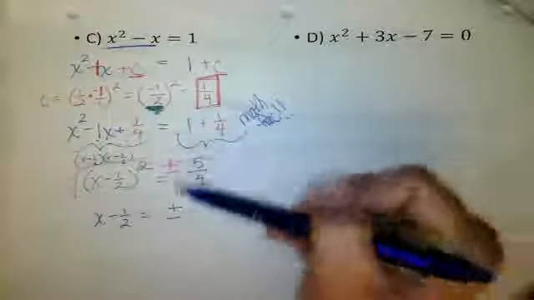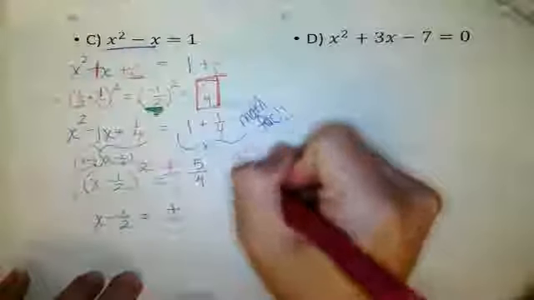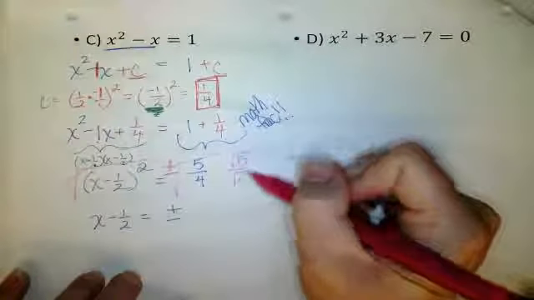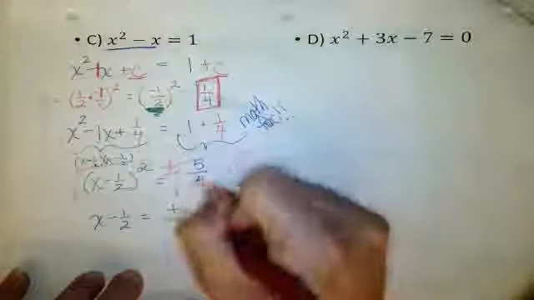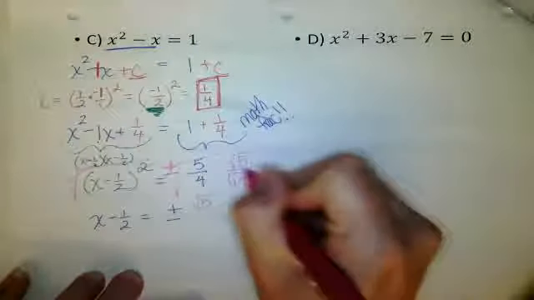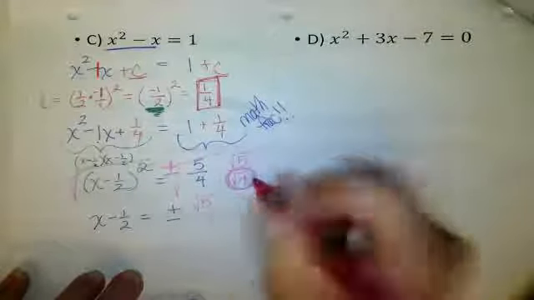How do you simplify a radical when it's got a fraction inside? Separate it into the square root of the top over the square root of the bottom. Separate that radical into two little radicals. Can I do anything with 5? No, he is prime. He stays under the radical. Can I simplify the square root of 4? What is the square root of 4? 2.